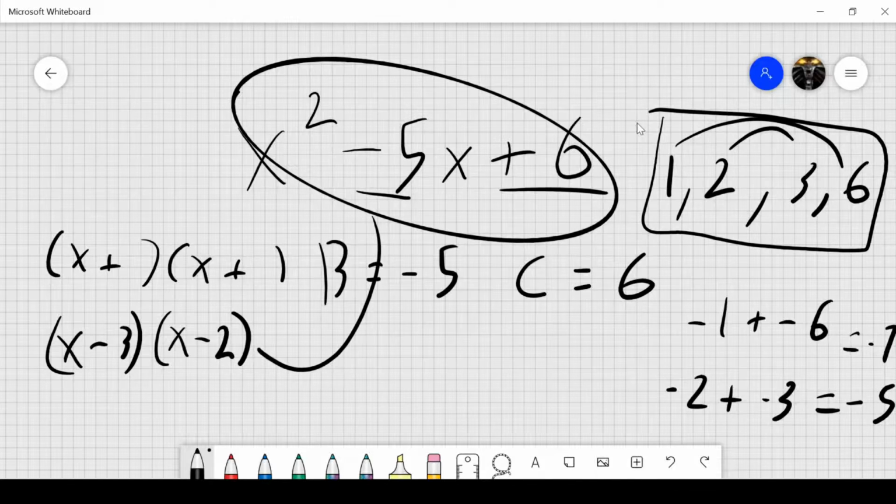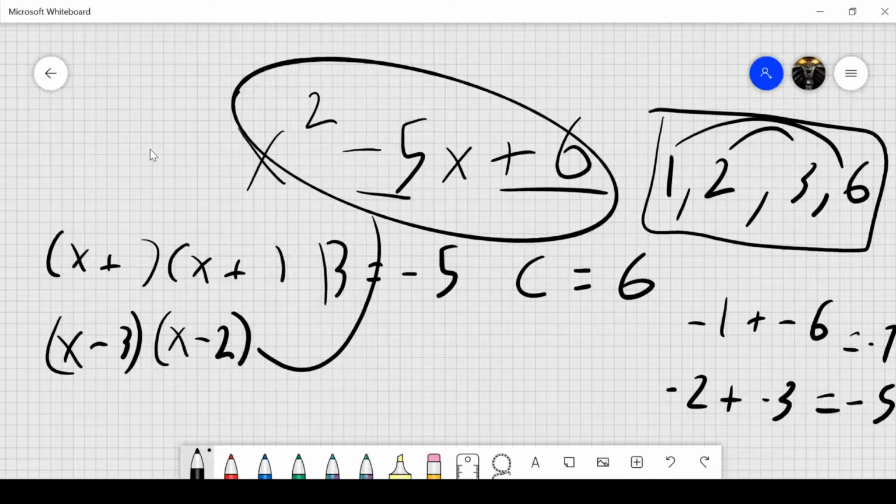It took a lot of experience, even for me, even for any of your teachers, to really get to this level, especially when it comes to quadratics. We didn't start out being able to immediately factor these in our heads. We started out having to write out each factor and guess and check. Remember, you can always guess and check with these.